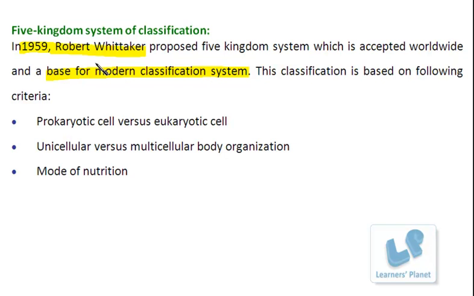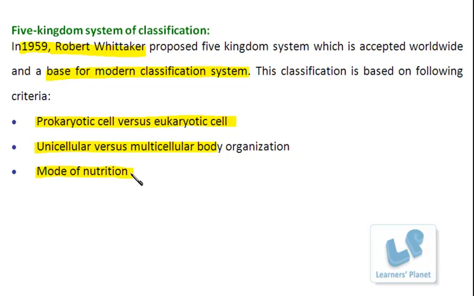This system was based on the following criteria: first, prokaryotic cell versus eukaryotic cells. Second was unicellular organisms versus multicellular organisms, basically the body organization. And third criteria is the mode of nutrition.